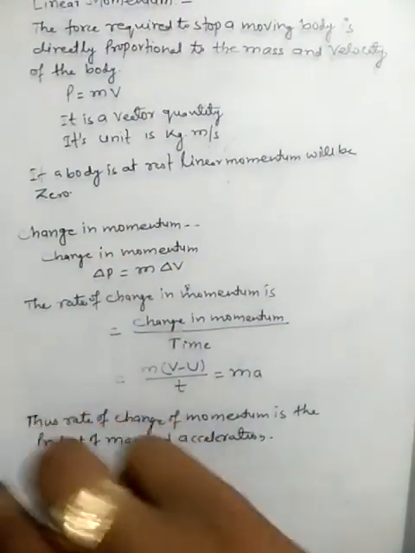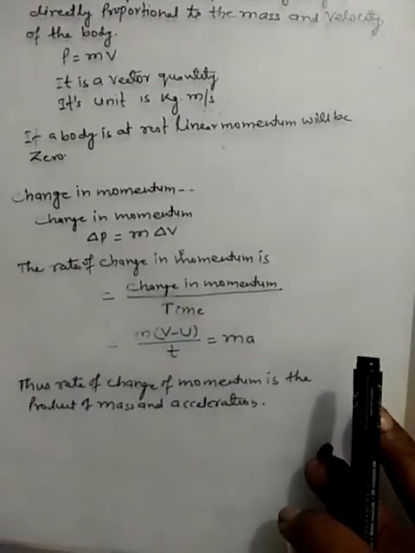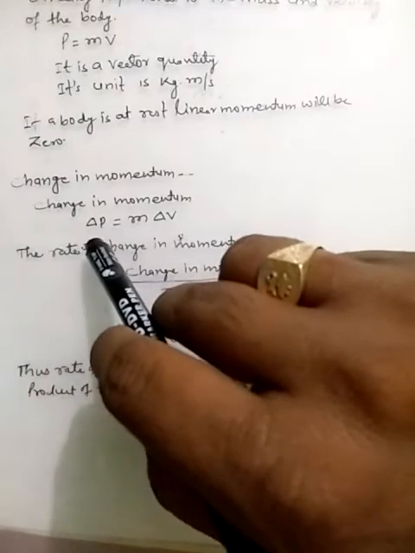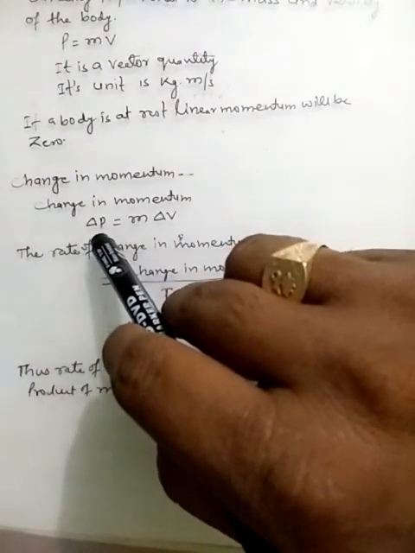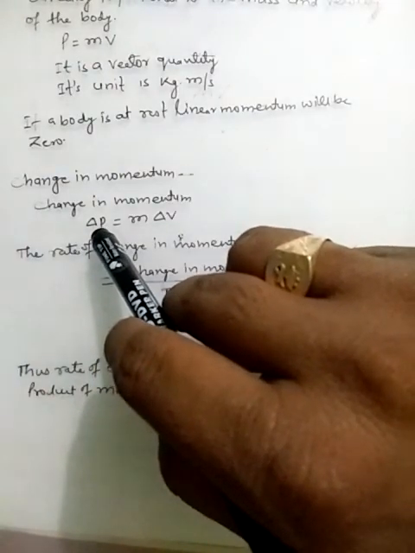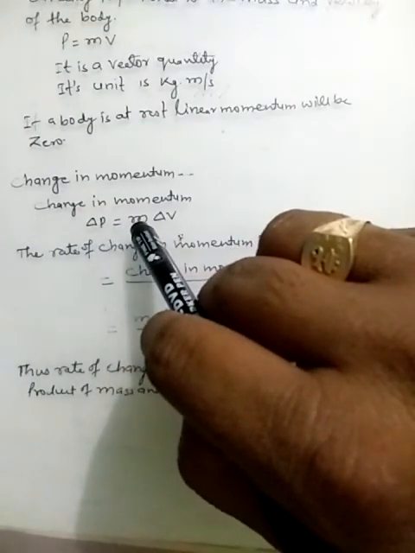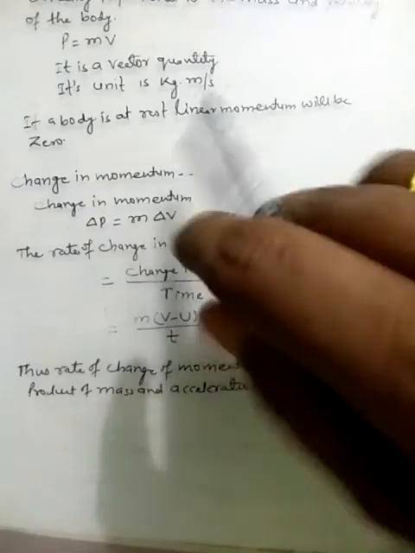If you want to find the change in momentum, it is represented as delta p, where delta represents change. Therefore, change in momentum is equal to mass times change in velocity.